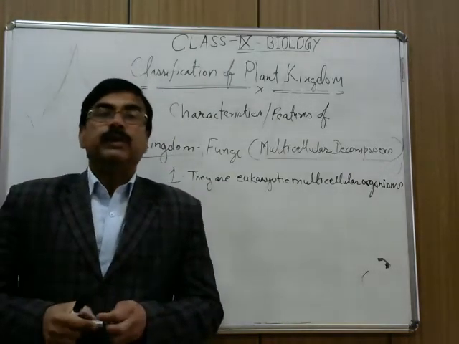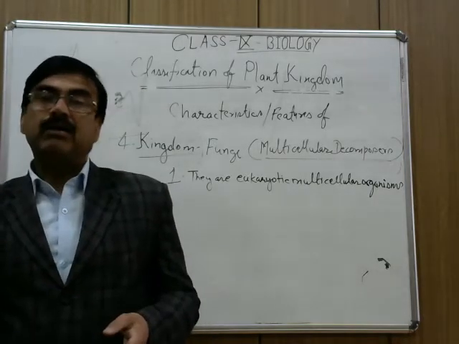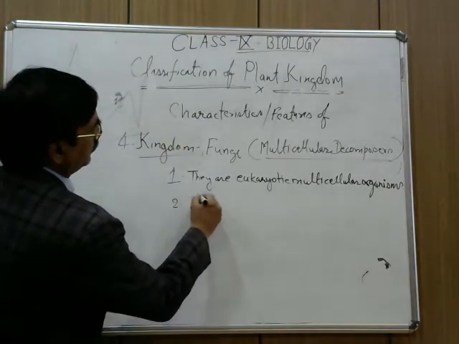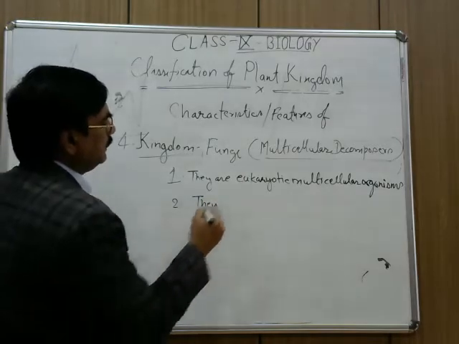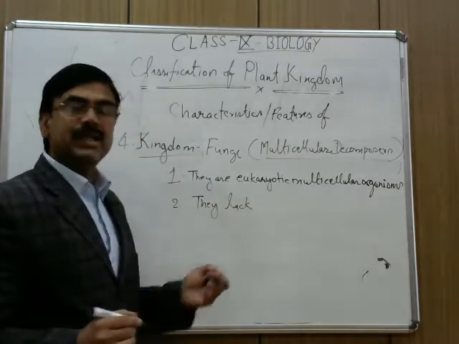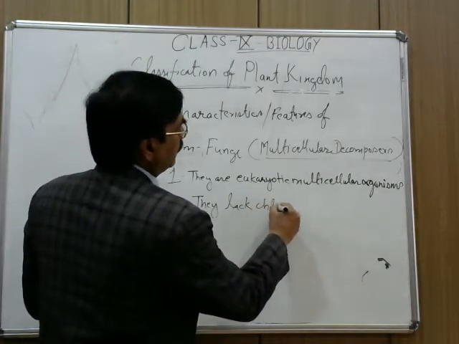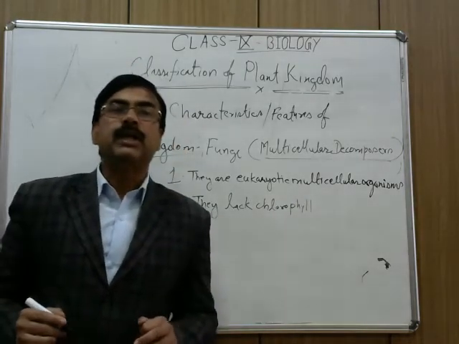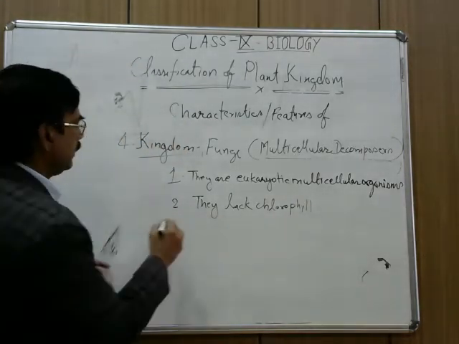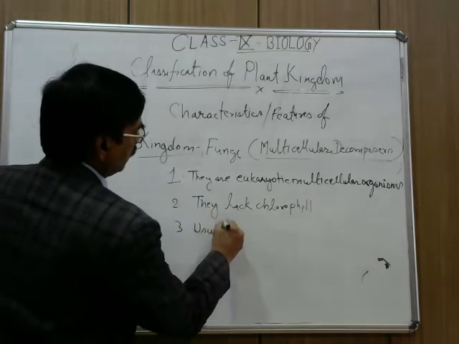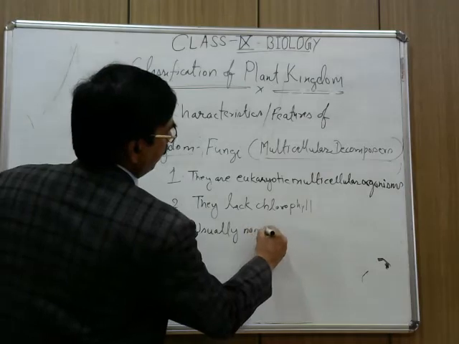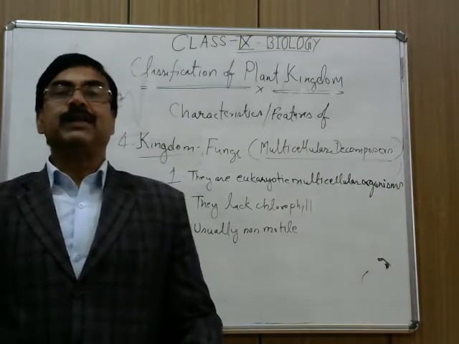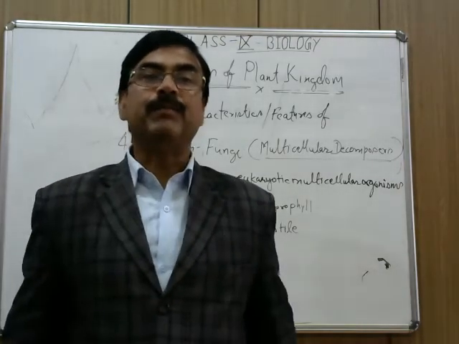Number 2, they show saprophytic mode of nutrition. They lack chlorophyll, meaning chlorophyll is absent. Number 3, usually non-motile. They cannot move from one place to another, so that is why they are called non-motile.